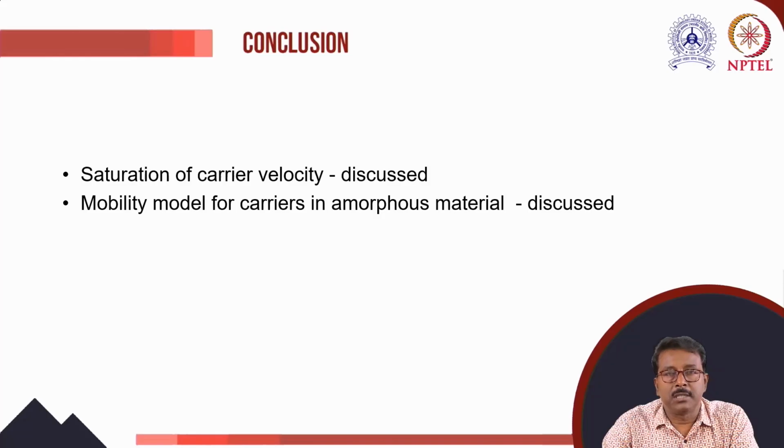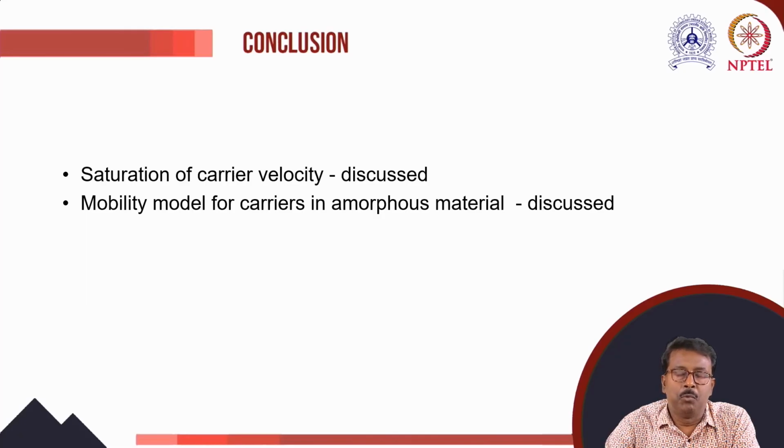We have also discussed carrier velocity saturation. At high electric field, we have shown that in a bulk semiconductor, velocity does not increase linearly with electric field, but at low electric field this linear relationship is maintained. At high electric field, due to high energy carriers, more scattering occurs. Due to this more and more scattering, velocity will not increase further, it tries to saturate.